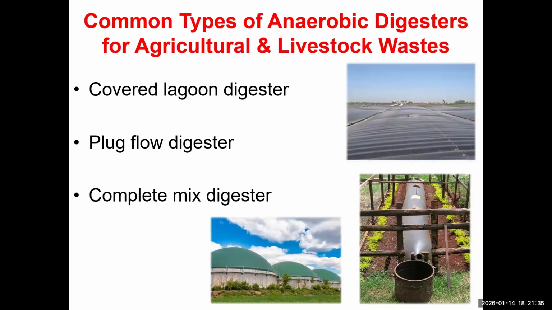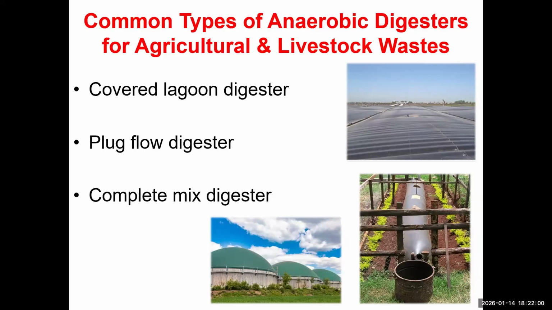All right, so we're going to move forward now, and we're going to talk about different designs of anaerobic digestion systems. There are different designs that are found at livestock facilities. And shown here are the most commonly used digesters at an agricultural or livestock farm.